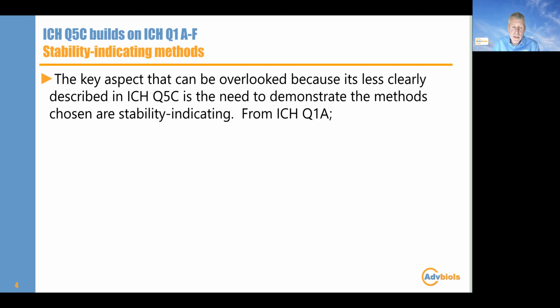Whereas for my biotech clients, it's not so common, but it does occur also. So it feels like this is a gap that we really need to focus on because it's actually quite important and it will lead to questions at approval, which you might not have got during clinical development.